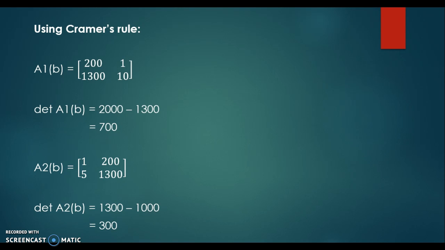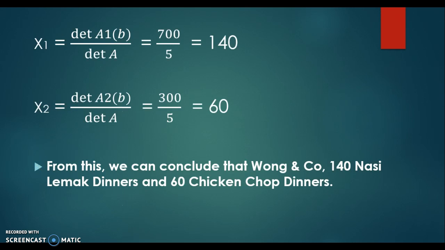For the determinant of A1B, we do the same operation as for the determinant of A, and we get 700. As for A2B, we substitute matrix B into column number 2, and then we compute the determinant of A2B, which is 300.